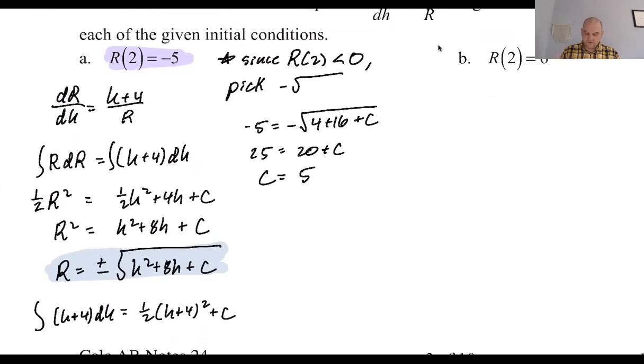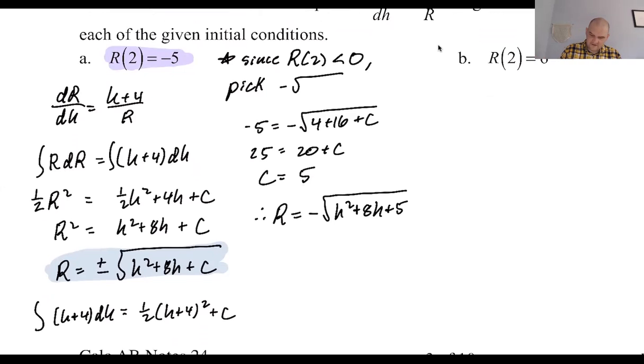So my particular solution is going to be, therefore, r equals the negative square root. And it's a little weird, right? The c ended up inside of a square root. It happens. All bets are off about where c is going to end up when you do this kind of process. Plus 8h and then plus 5.